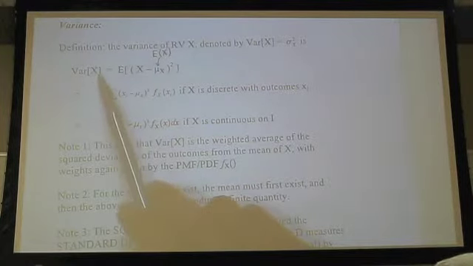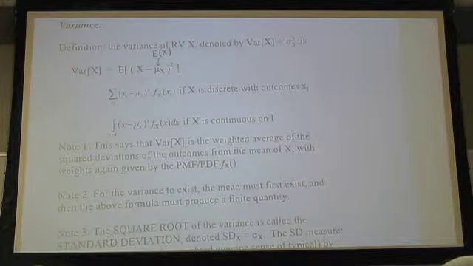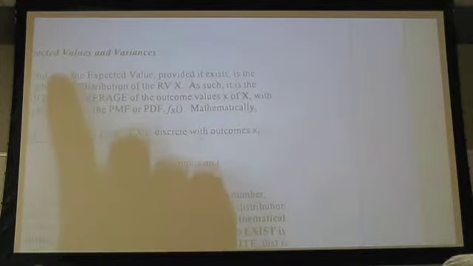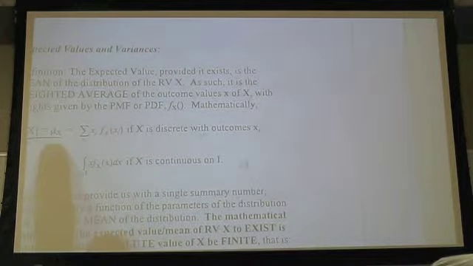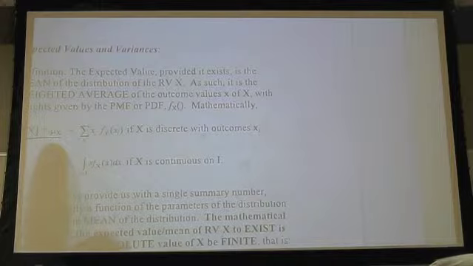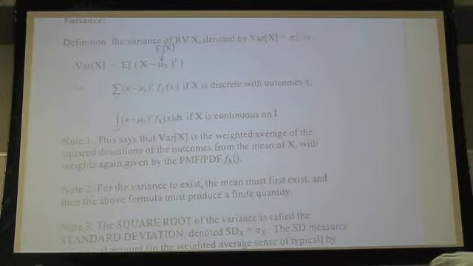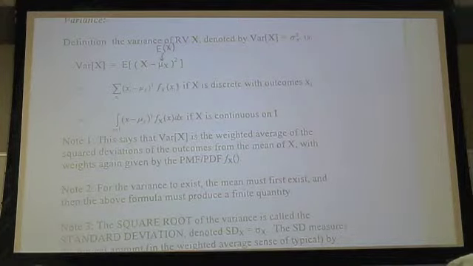The variance of x is defined to be this. Oh, by the way, did I make this comment? Yeah, the expected value, sometimes they write it as mu. Okay? It's just a shorthand notation, mu, which is the mean as well. The expected value is the mean value. They're the same.